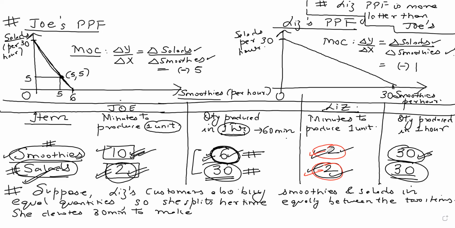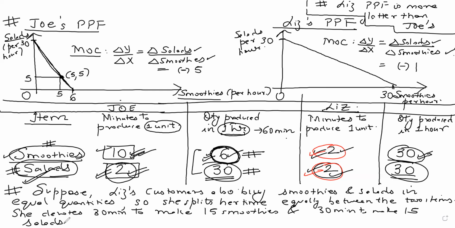She takes 2 minutes to make one smoothie. That means in 30 minutes, she can make 15 smoothies. She devotes 30 minutes to make 15 smoothies and 30 minutes to make 15 salads.